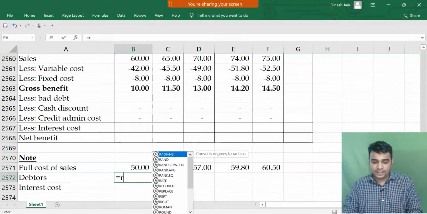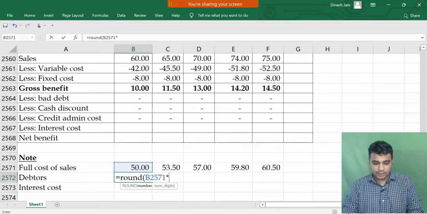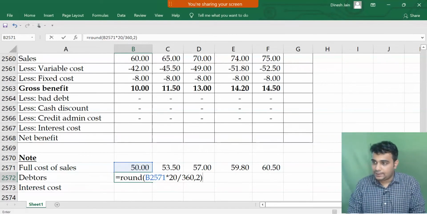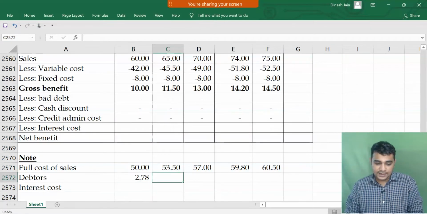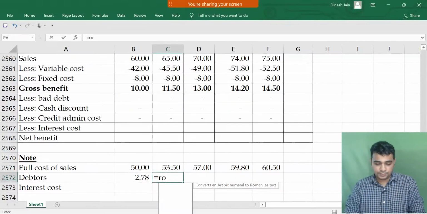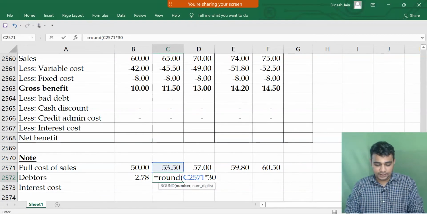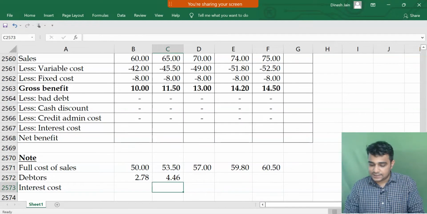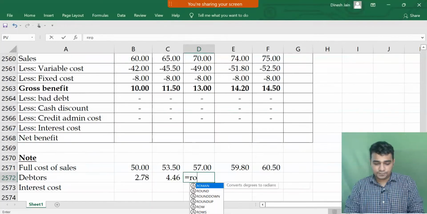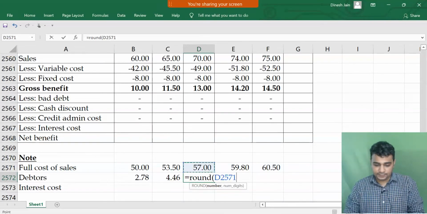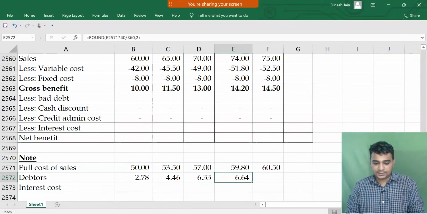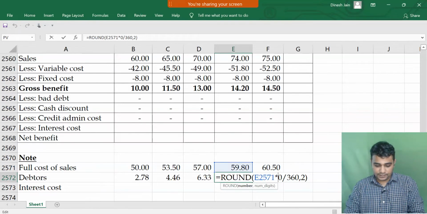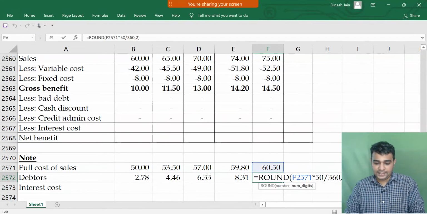Originally we are giving a 20-day credit period, so this into 20 by 360. Next we are increasing it to 30-day credit period, 30 by 360. Then 40-day credit period, 40 by 360. Then 50-day, and finally 60-day credit period.